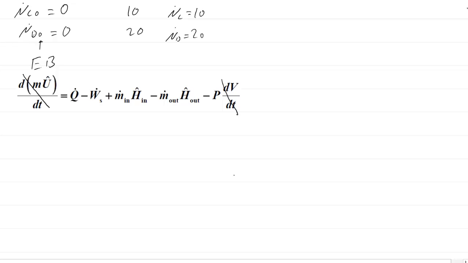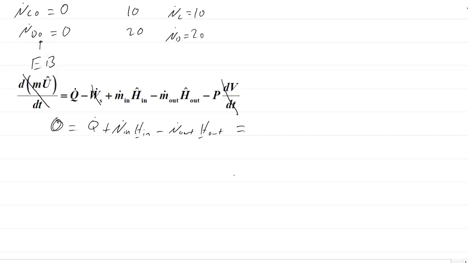Okay, I've also assumed that I'm not doing any work as well. So this then simplifies to 0 is equal to Q dot plus n dot in H in minus n dot out H out.